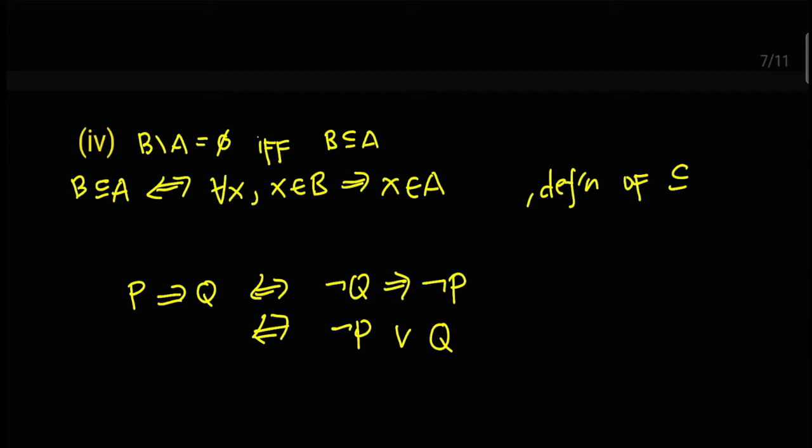So how do we use this in our problem? We have the statement X is in B implies X is in A. So we have P then Q. I'm going to use the second tautological equivalence.